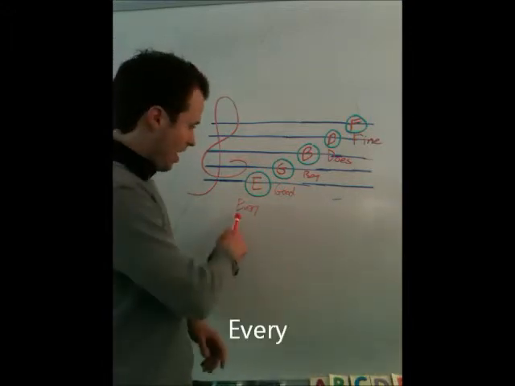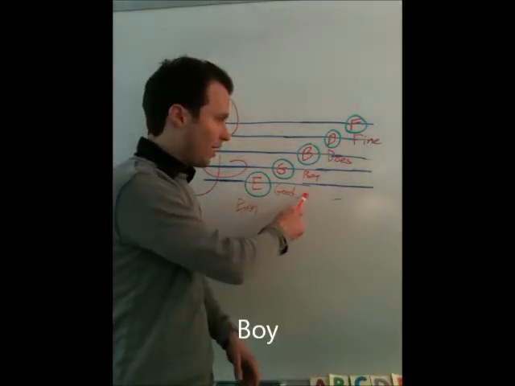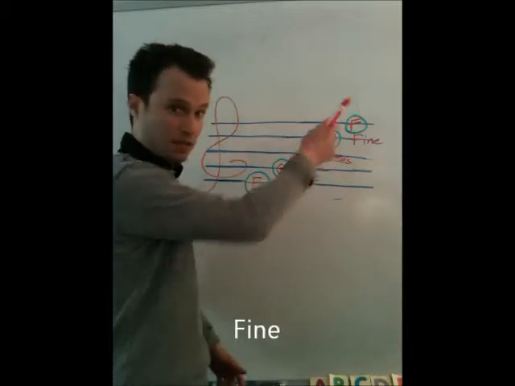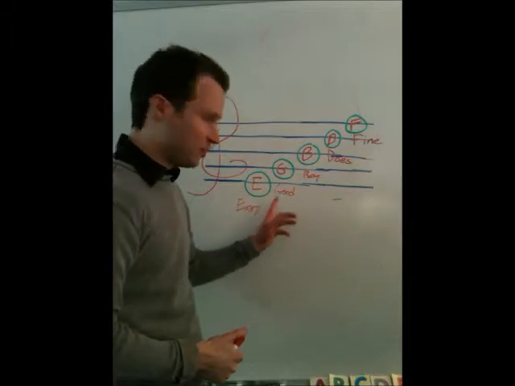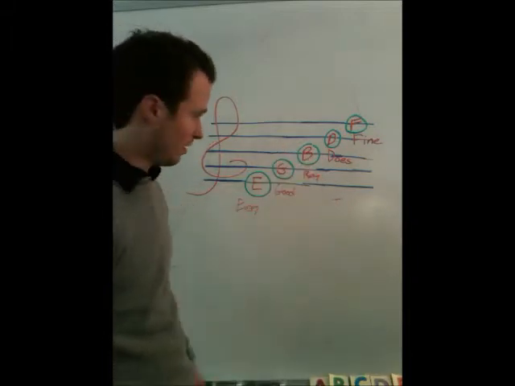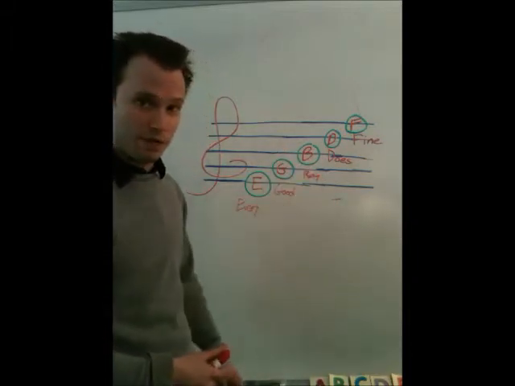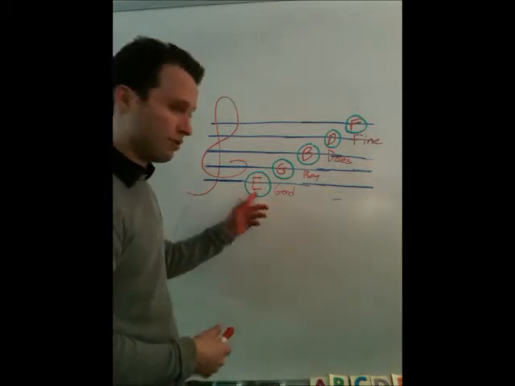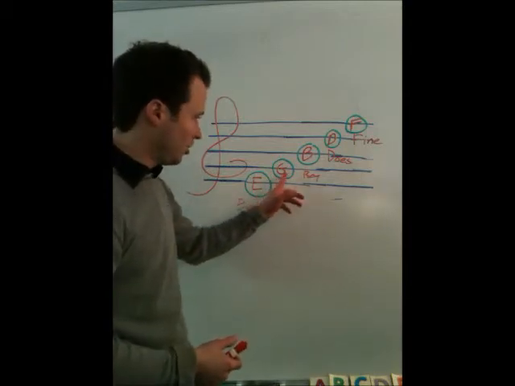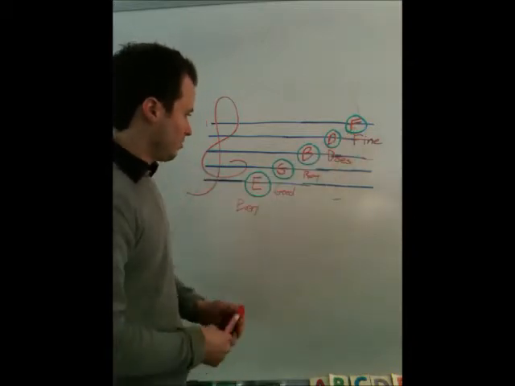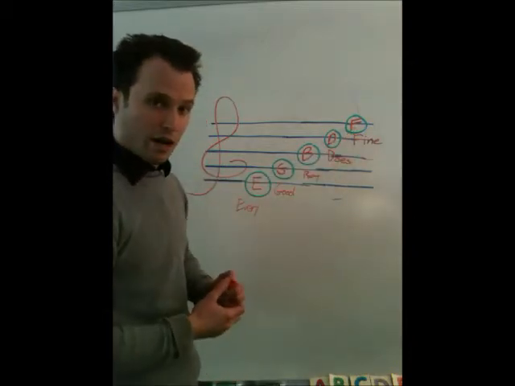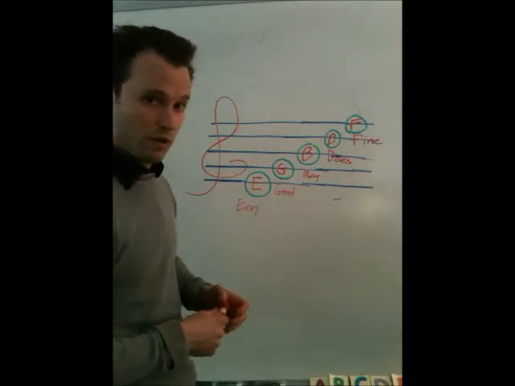So we say, every good boy does fine. Also, in some circles they will say, every good boy deserves fudge. There's a few different combinations, but the end result here is still going to be the same, which is E, G, B, D, and F.